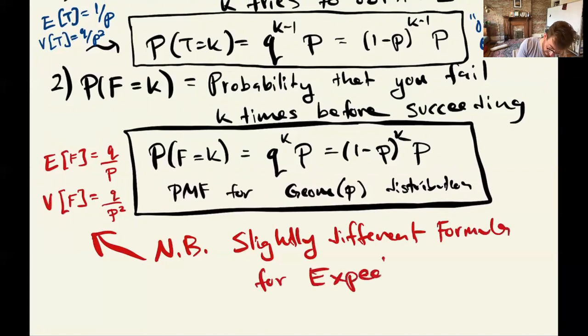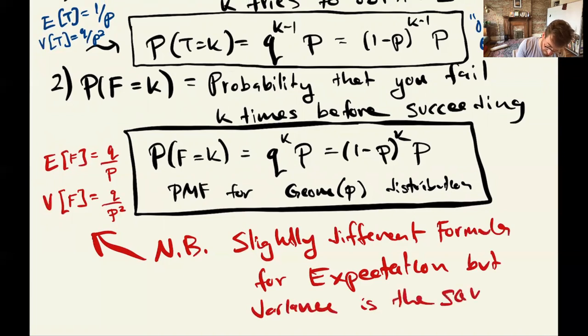For expectation, but the variance is the same. And again, the difference here, if you want to think about it, is this has a range or support up here. It's the set of integers 1, 2, 3, on up through infinity.